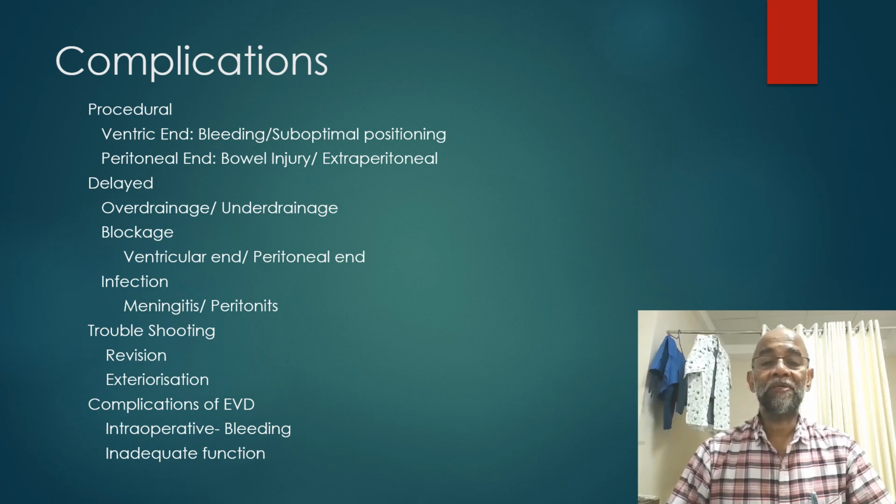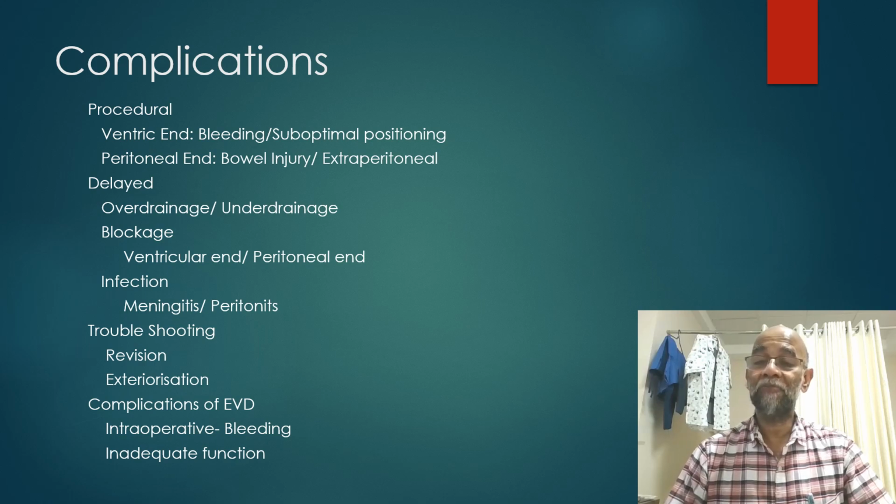EVD also has complications, and so has ETV or endoscopic third ventriculostomy. EVD complications include bleeding and malpositioning, and endoscopic third ventriculostomy, which is a procedure where the floor of the third ventricle is punctured, might be associated with an incidence of bleeding.